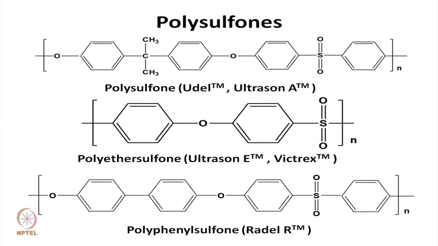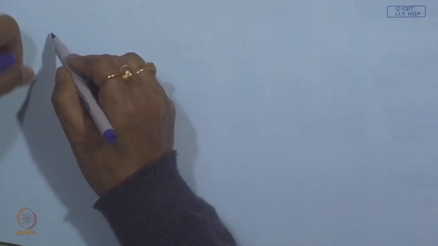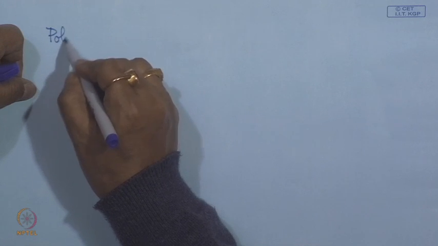Next is polysulfone. We have seen polyphenylene oxide, aromatic polyamides, polycarbonates, and acetal resins. Now, let us see polysulfones. This polysulfone is another engineering polymer.